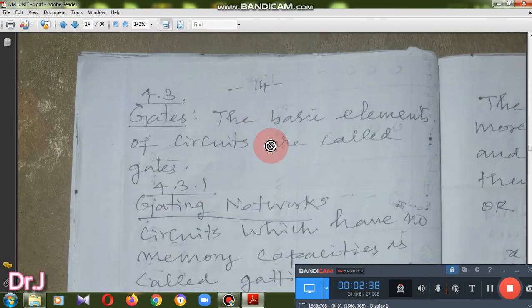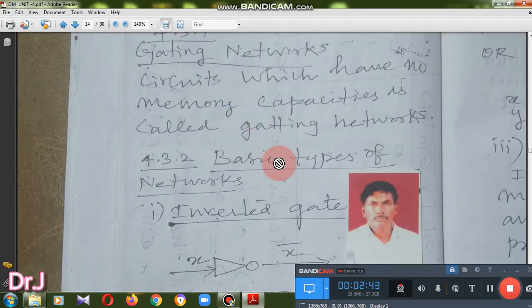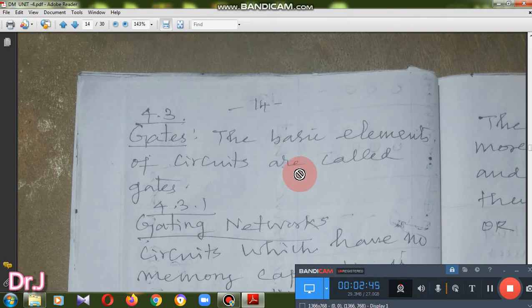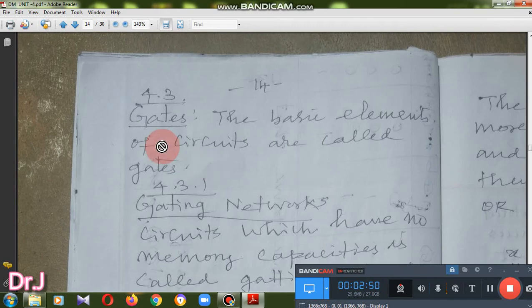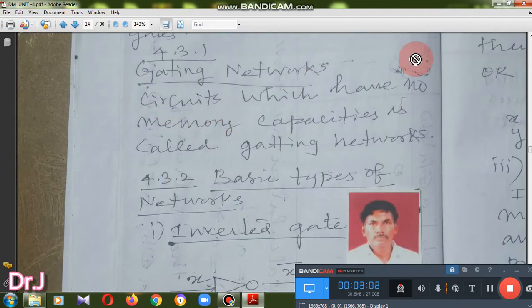So Boolean gates are nothing but a network which determines the values of the given Boolean expression. Those network pictures we call circuits or gates. Gating networks are nothing but circuits which have no memory capacity. A gating network is a network which determines the Boolean expression.